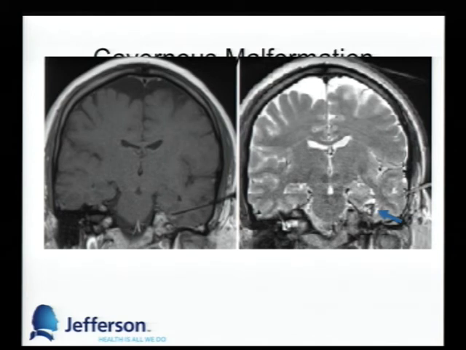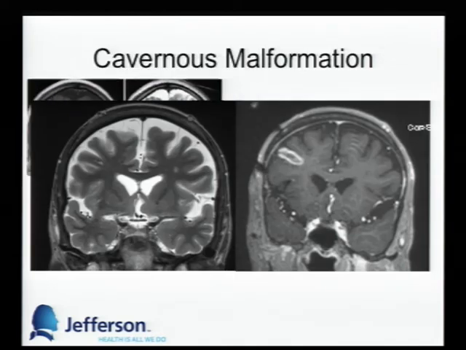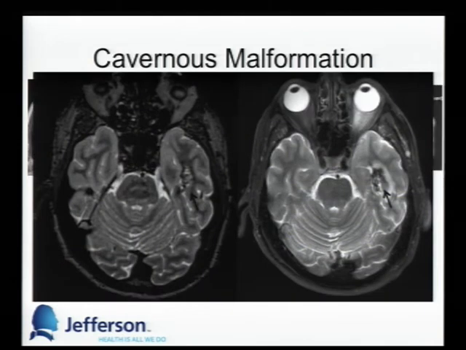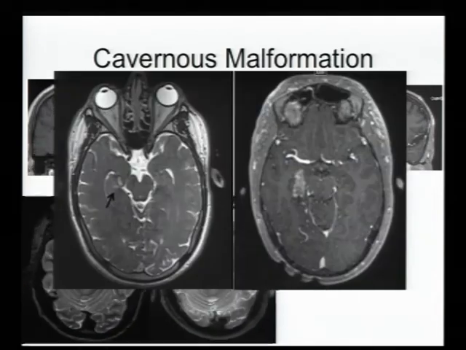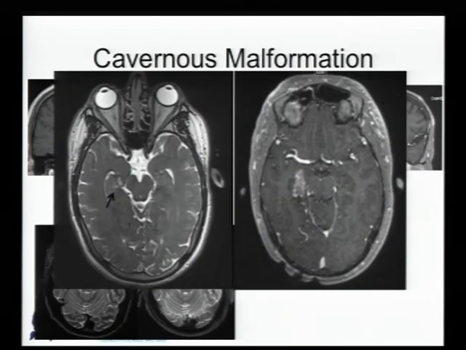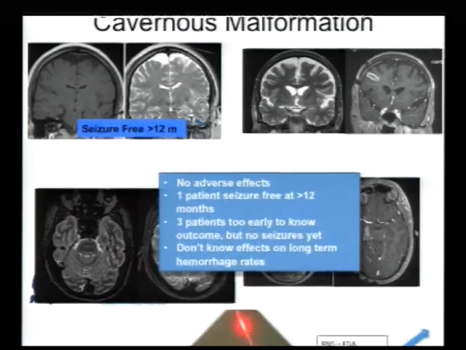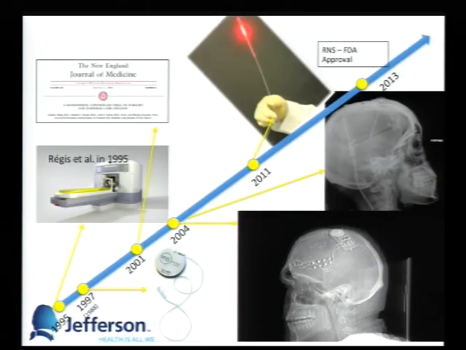Centers such as Emory are doing cavernomas with laser ablation and actually getting good results, seizure-free for 12 months, ablating that. Cavernomas in the frontal lobe. Extensive cavernomas along the floor of the temporal lobe. Cavernomas in the uncus. And basically cavernomas all over the body.